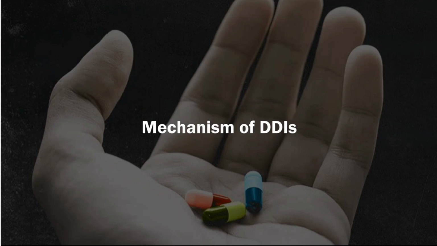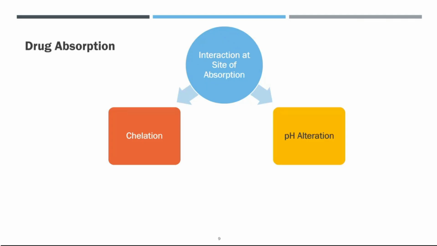Today we're going to go over different mechanisms of drug interactions first. The first is drug absorption, which happens due to interaction at the site of absorption. This can be either chelation or change in the pH or change in the gastric acidity, which both lead to change in drug absorption.